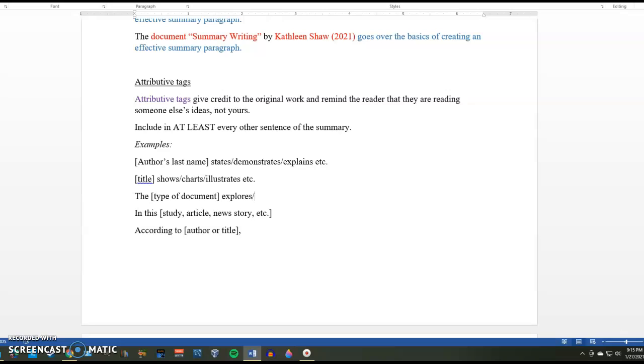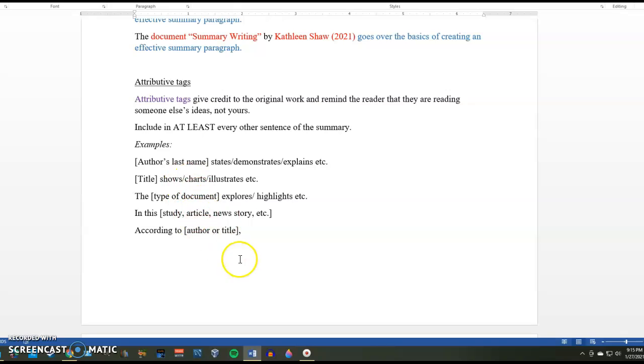I'll even come up with some more. Let's see if I can come up with some more verbs on the fly.